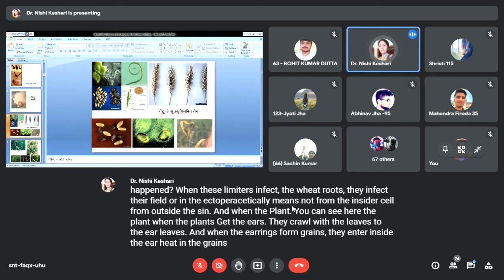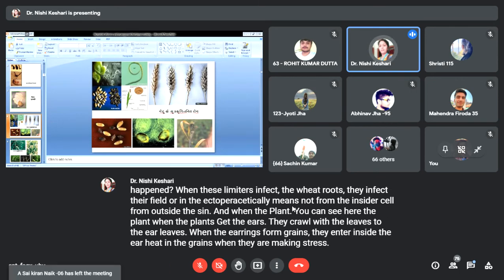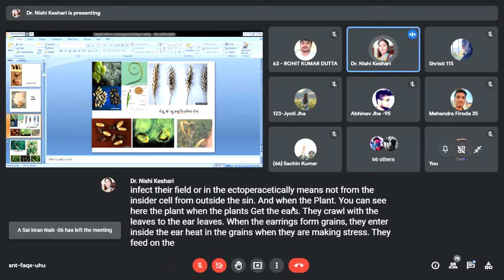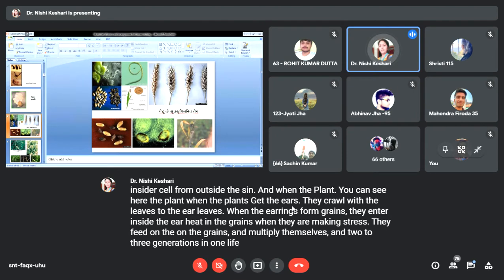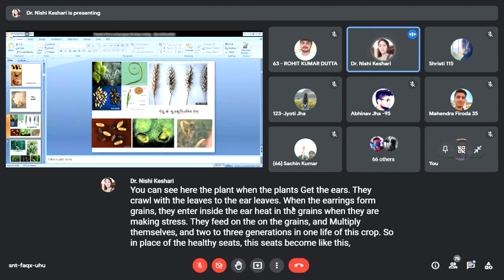When they are at the milking stage, they feed on the grains and multiply themselves, with 2 to 3 generations in this crop. So in place of the healthy seeds, these seeds become like this, and these are called seed galls.